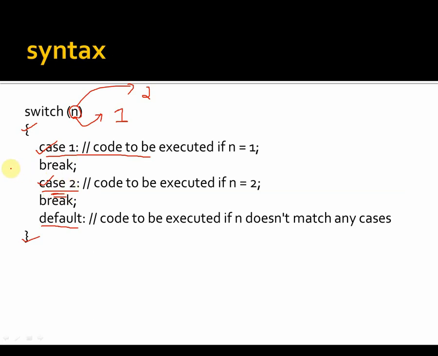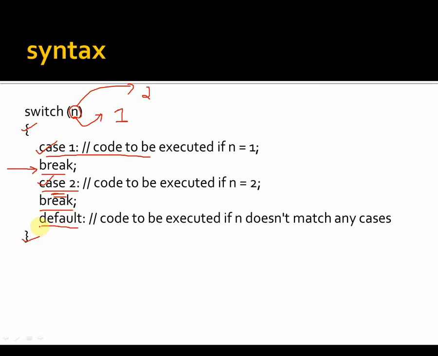The keyword break denotes the end of the case. The moment the break keyword is encountered, the case ends. Similarly, over here case 2 ends when this break statement is encountered. So this is how the syntax of a switch statement looks like.